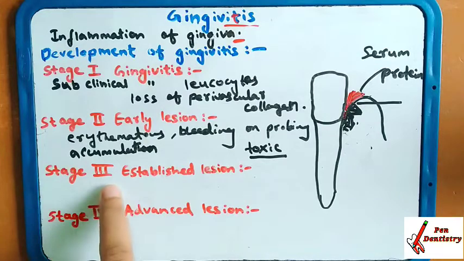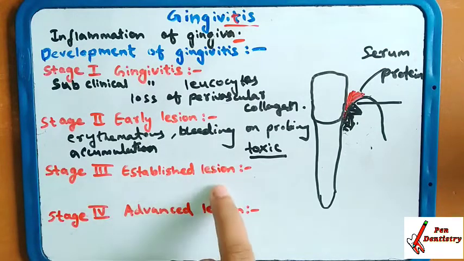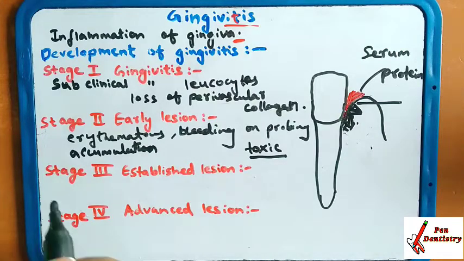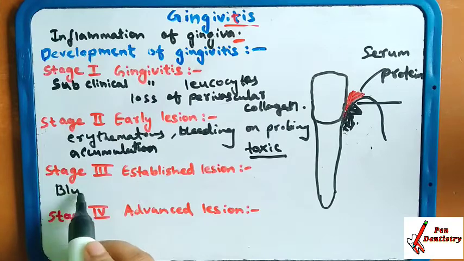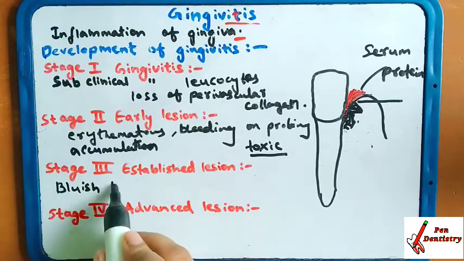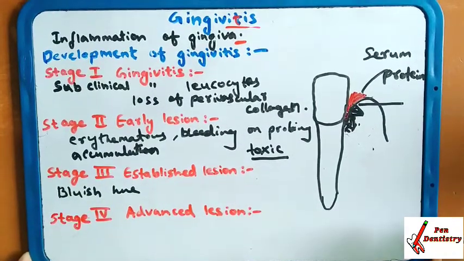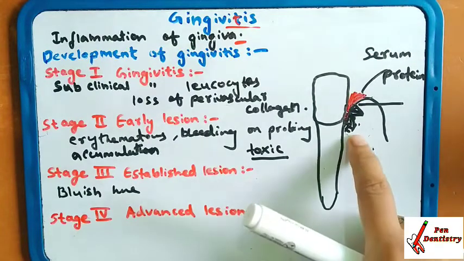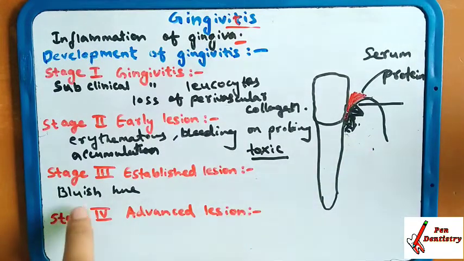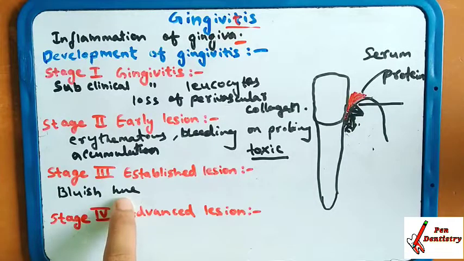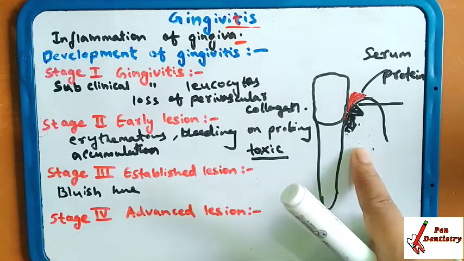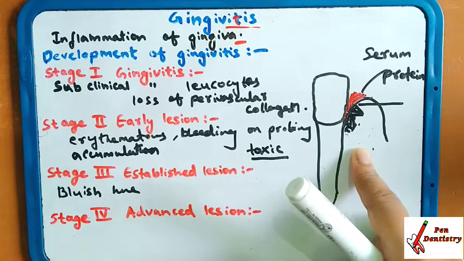In the third stage, the established lesion, you see a bluish hue. The red gingiva will be converted into a bluish hue because of the impaired vascular system.